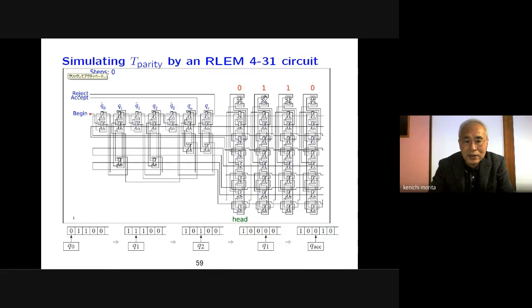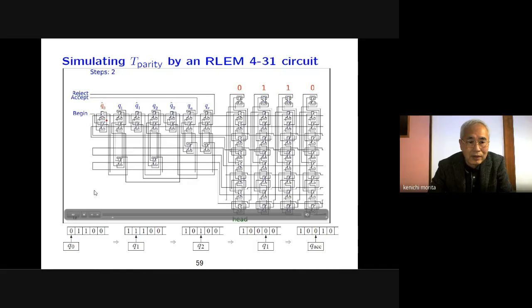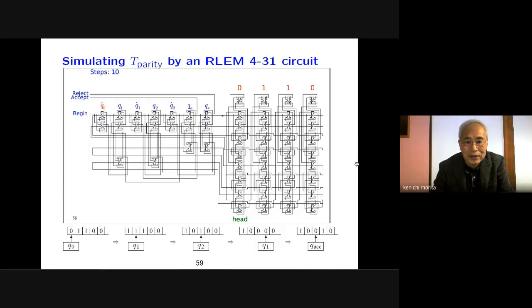Input is 0, 1, 1, 0. Therefore, the input should be accepted. By giving only one particle from the begin port, it starts to simulate.